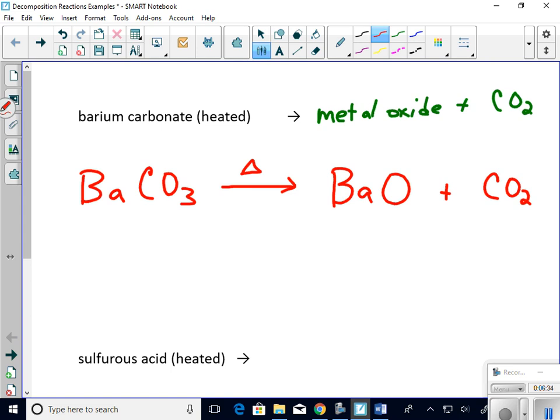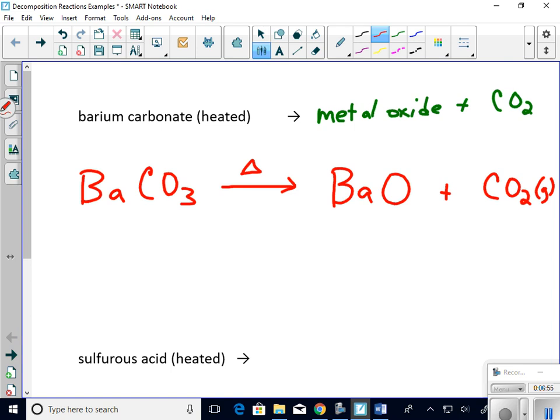Now, probably something that we should get used to is that we know that carbon dioxide is a gas. So we could signify that as parentheses G, like I told you the other day. We could say parentheses G, that's a gas.